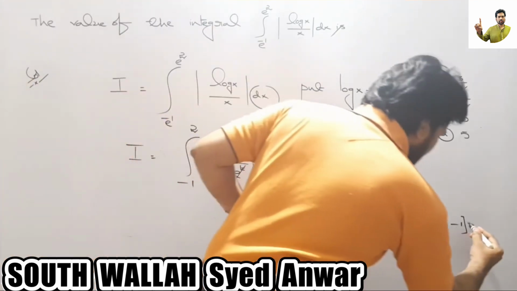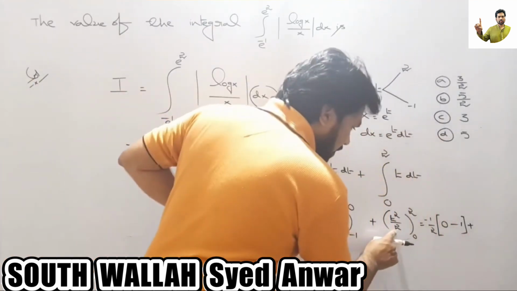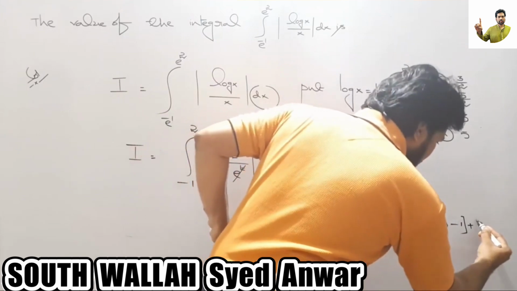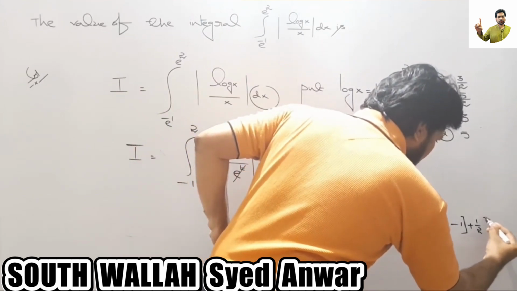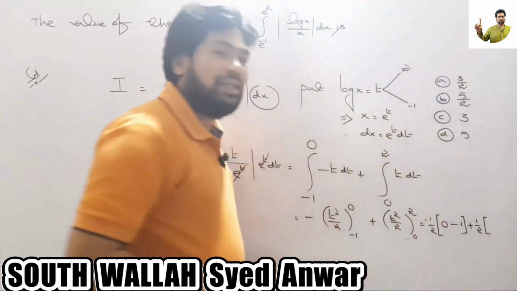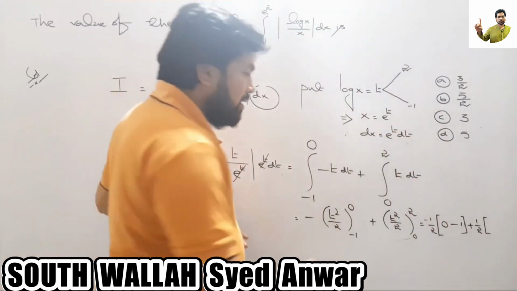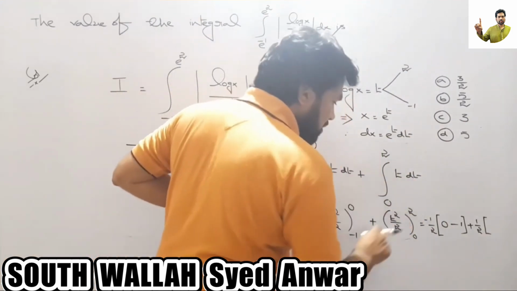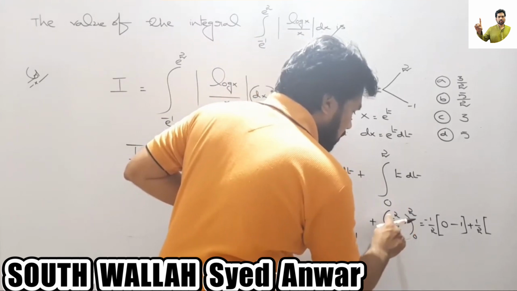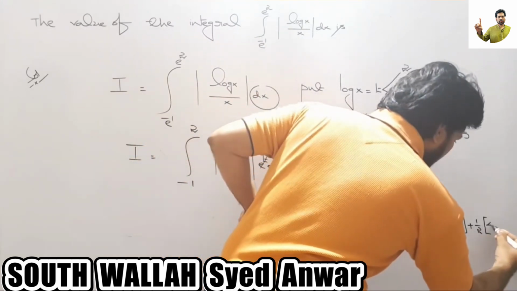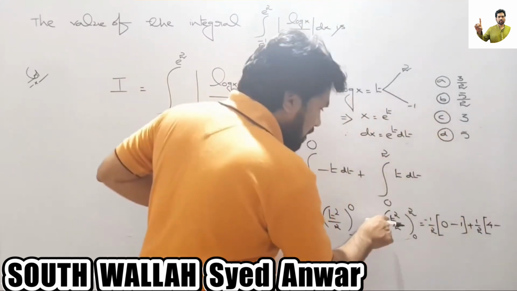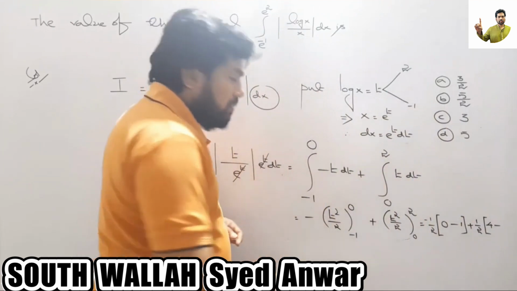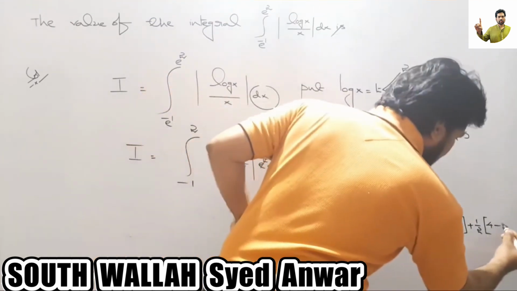Next, plus, already 2 is present in the denominator. Let me write 2 outside. Now only t square is left here. Let us substitute the upper limit. In place of t, upper limit 2, then 2 square will be 4, minus. Let us substitute the lower limit. In place of t, 0.